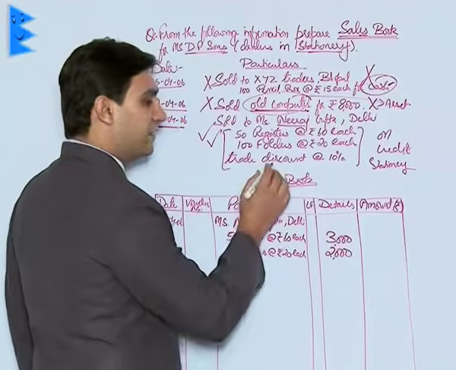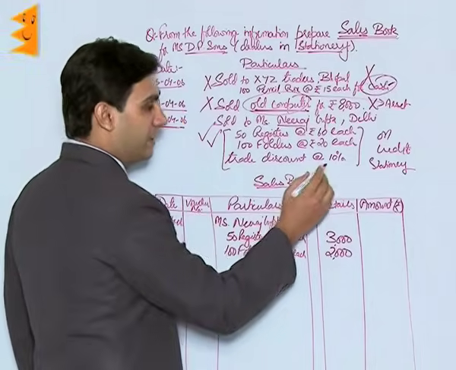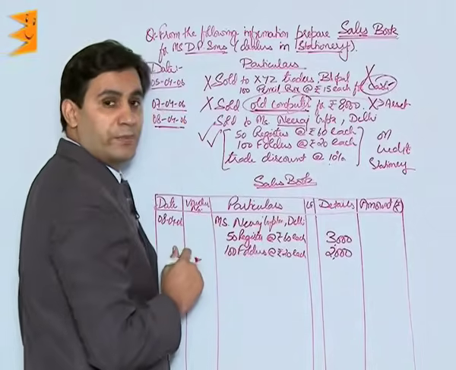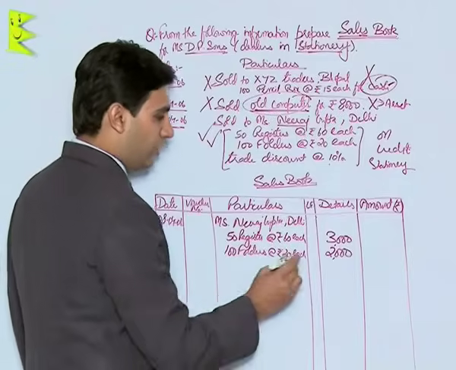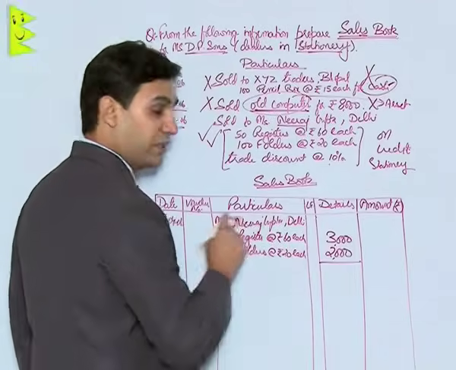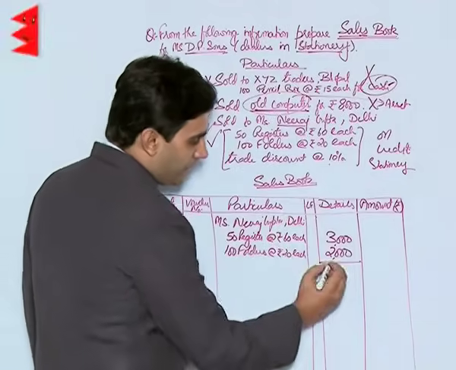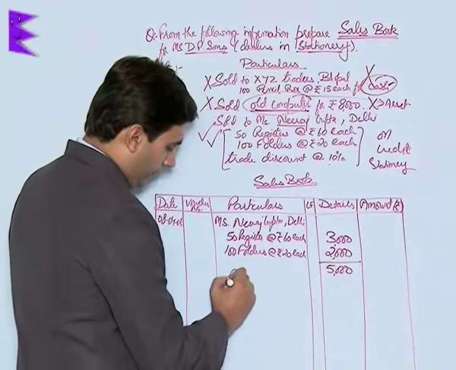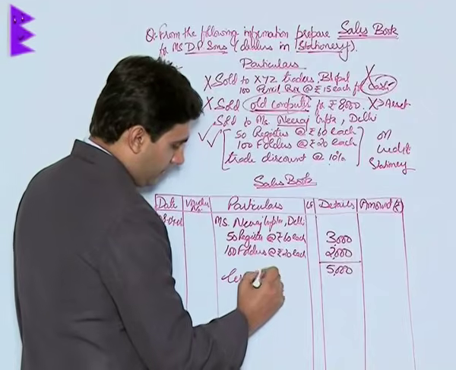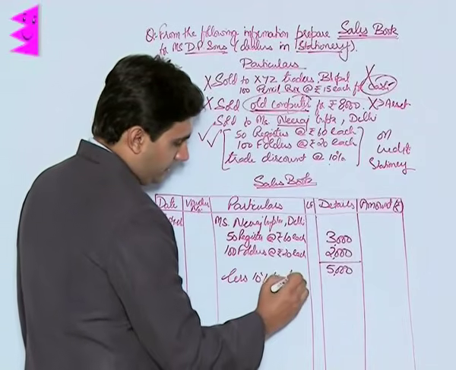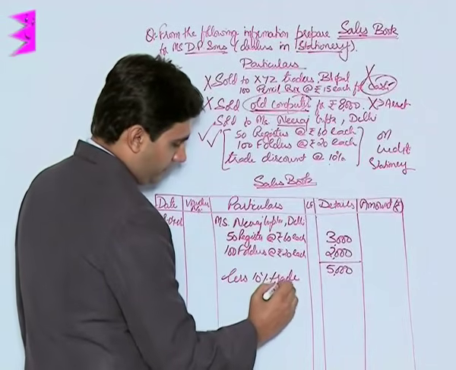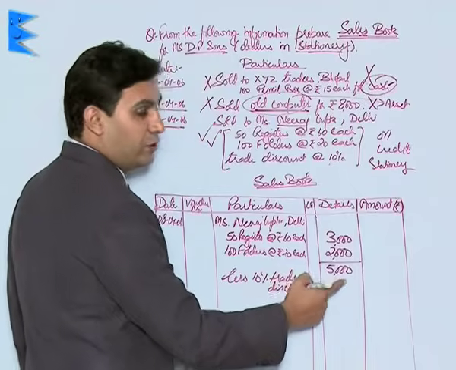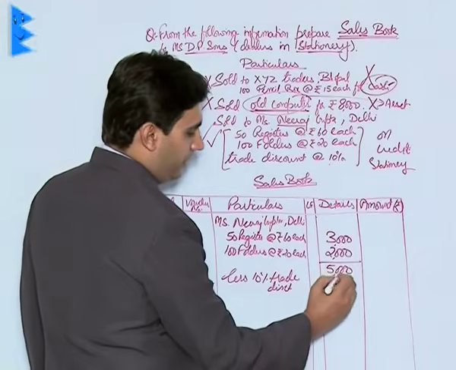Now students, there is a trade discount also to the extent of 10%. So this 10% would be charged on the total of the sales to Mr. Neeraj Gupta. In this case, the total sales are 5000 less 10% trade discount. 10% of 5000 would be 500.